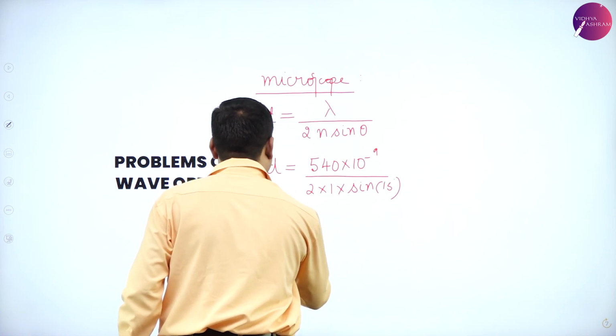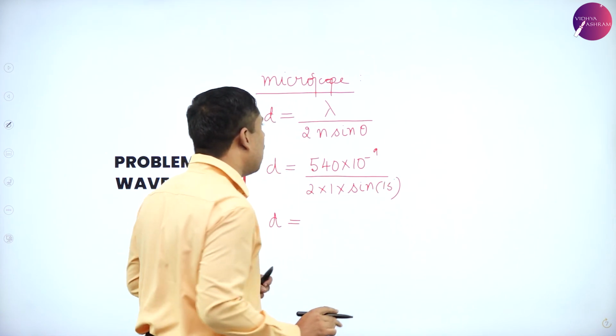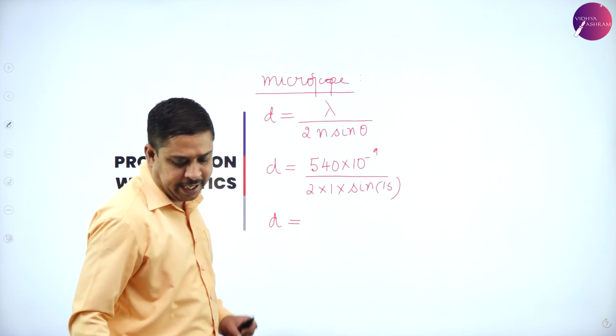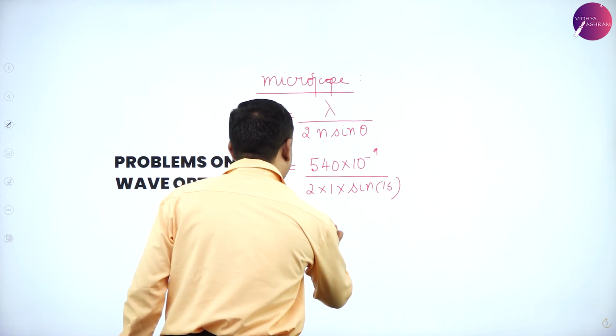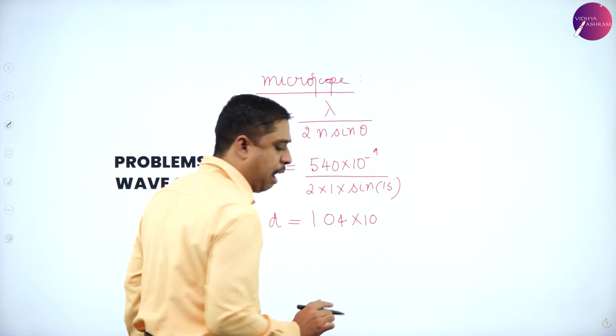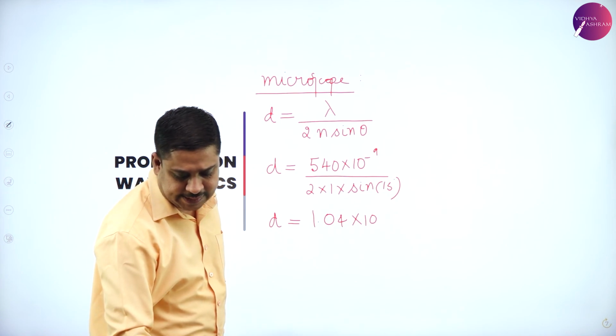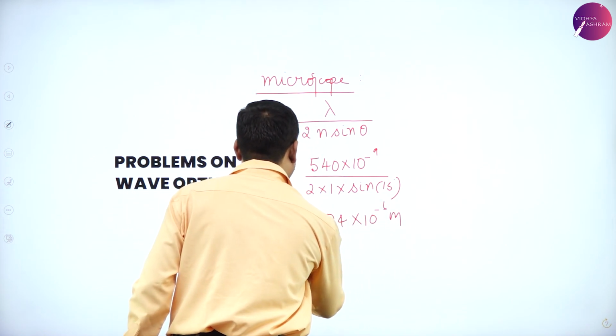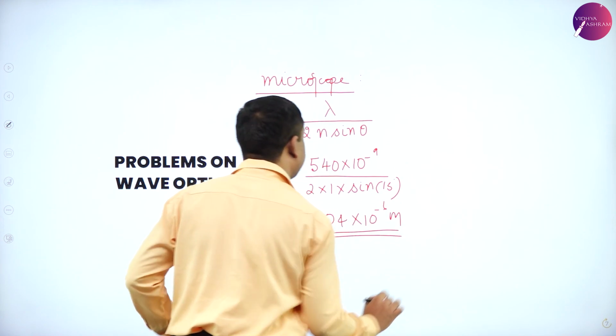Again, simplify using your Clark's table. So it turns out to be 1.04 into 10 power minus 6 meters. So this is the limit of resolution.